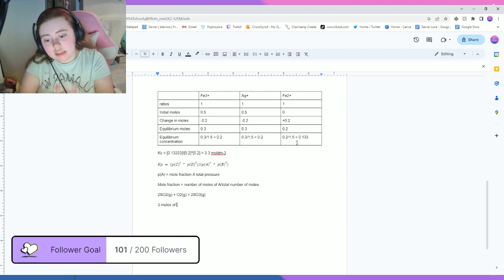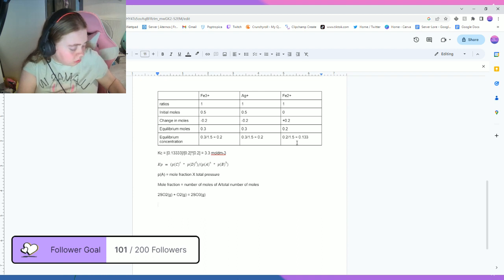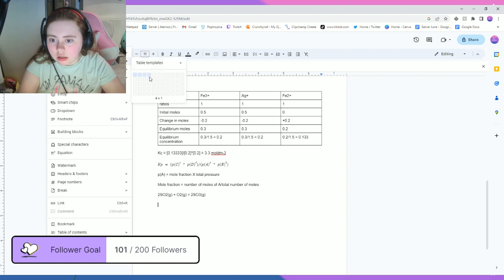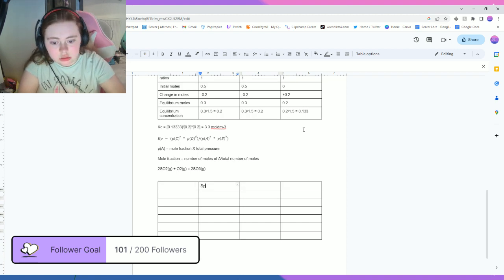Let's just put it into the table. There we go. We need SO2, O2, and SO3.